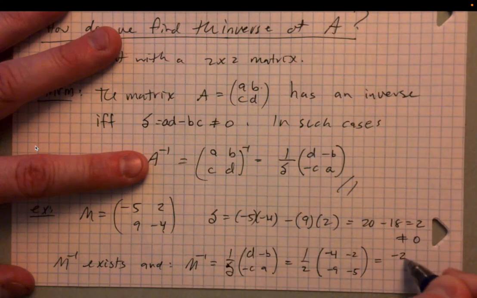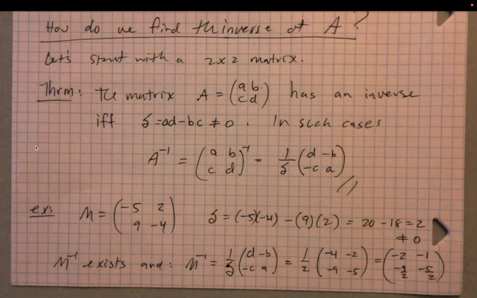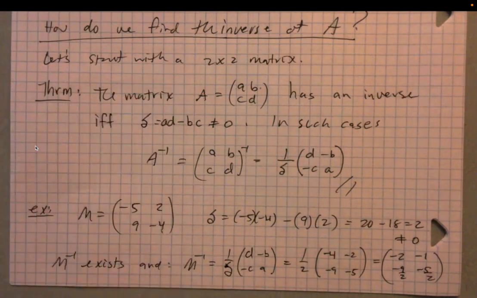In this case, we get -2, -1, -9/2, and -5/2 for our inverse. Okay, and so there's the inverse of M, and you should confirm this. Try to multiply M by M inverse and make sure that you get an identity matrix, a 2 by 2 identity matrix.